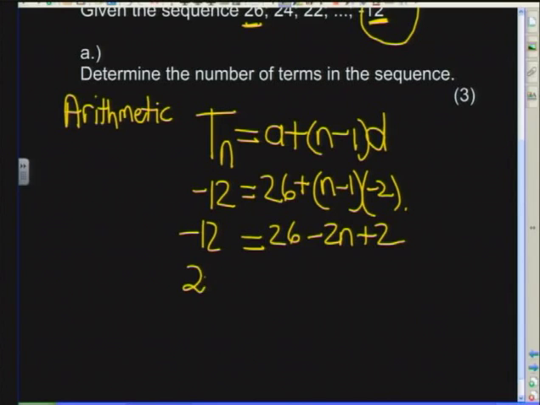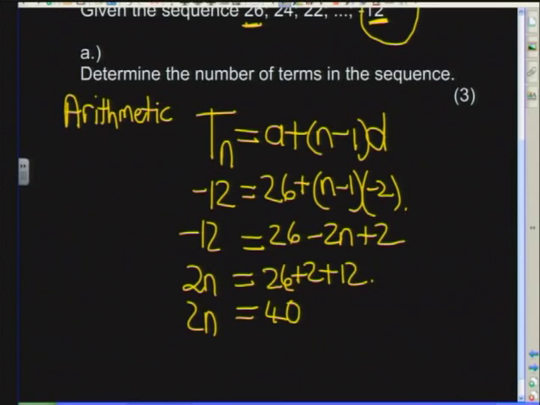I'm going to put my 2n over here on this side. I like having those on the left-hand side. And then I've got 26 plus 2 plus 12 on the right-hand side. And that gives me that 2n is equal to 40. So n is equal to 20. So there's 20 terms in the sequence.